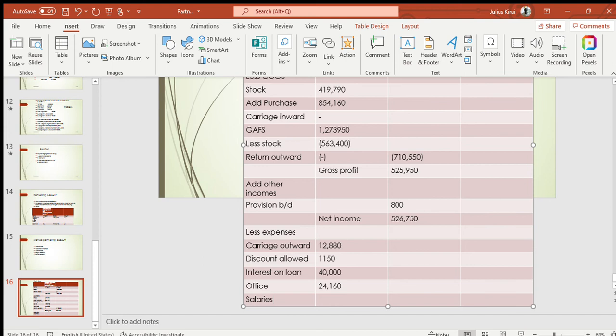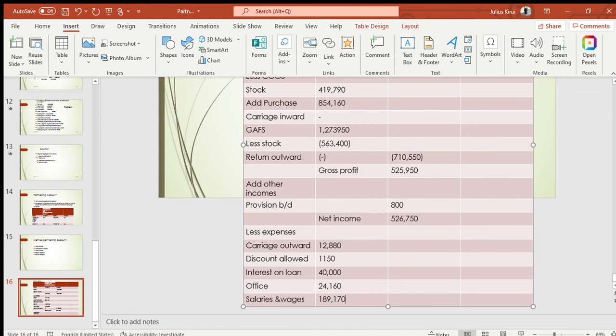How much is salaries and wages? 189,170.